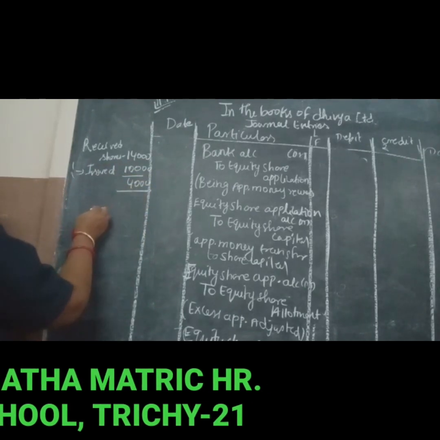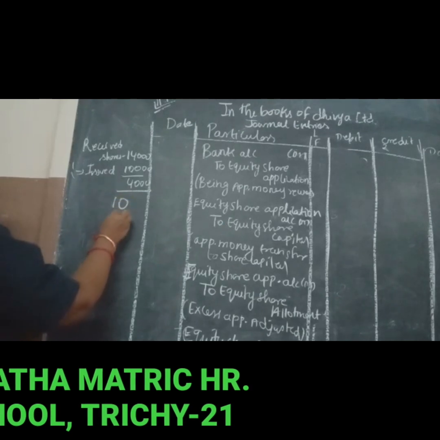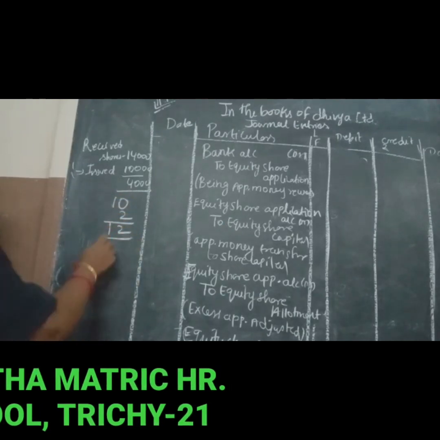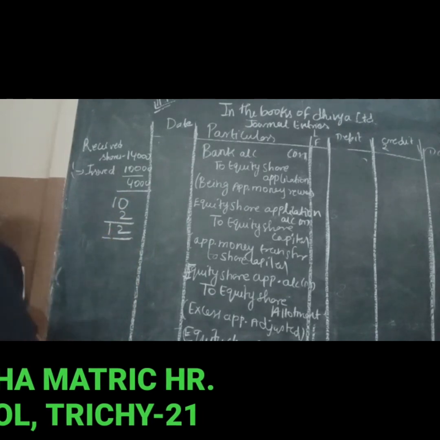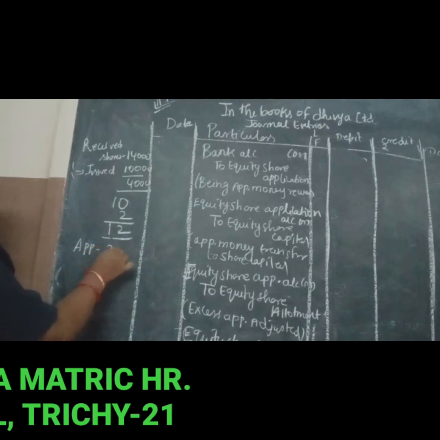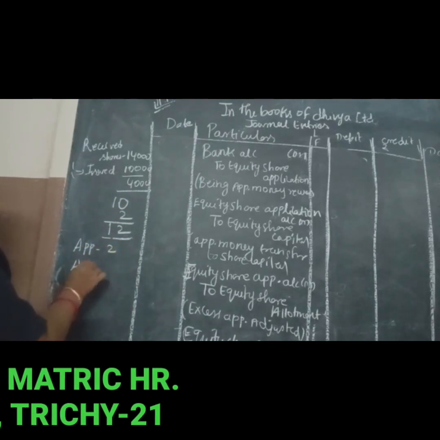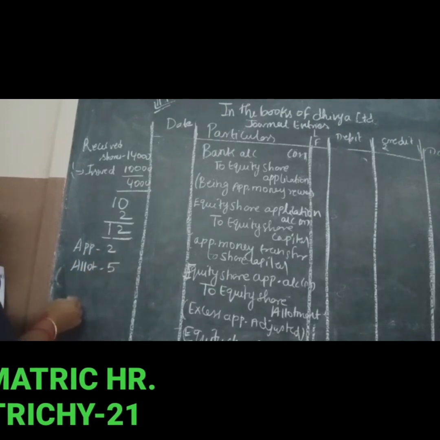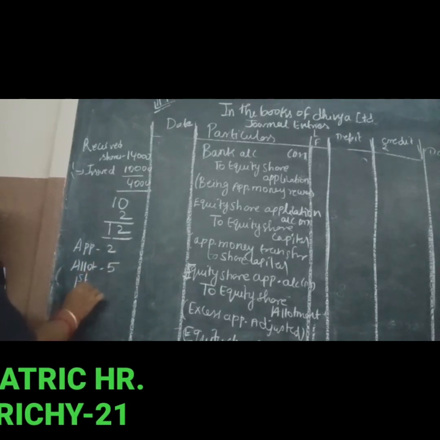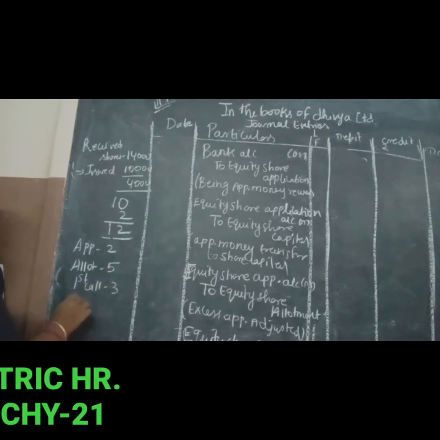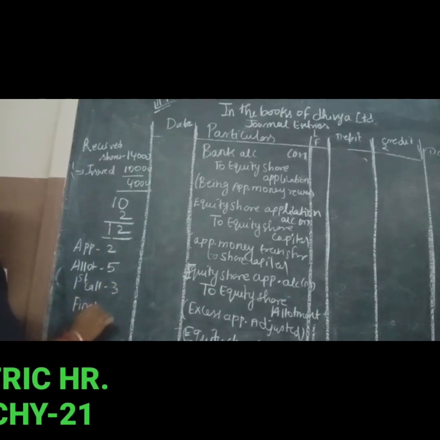Total share is 10 rupees, premium 2 rupees, total 12 rupees. How are the shares collected? Application 2 rupees, allotment 5 rupees including premium, first call 3 rupees and final call 2 rupees.